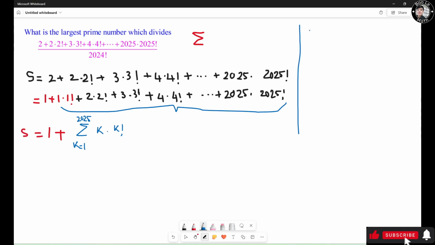Now let's prove this formula: k times k factorial is going to be (k plus 1) factorial minus k factorial.